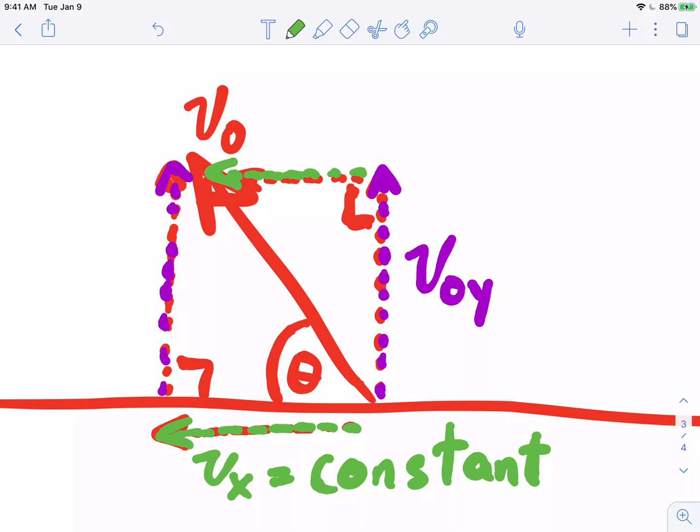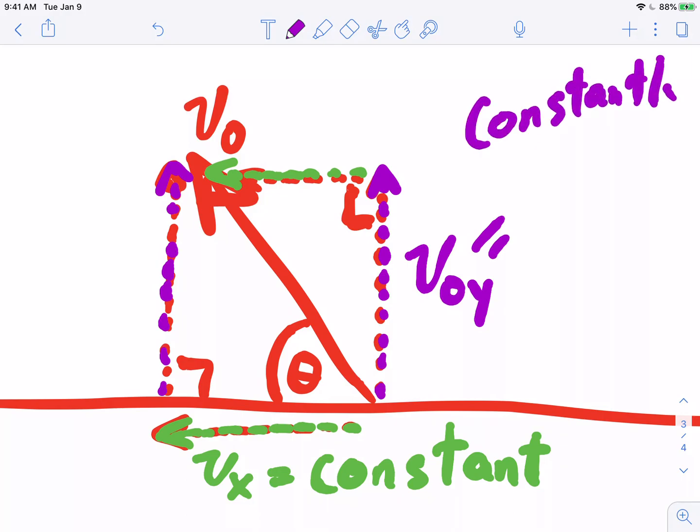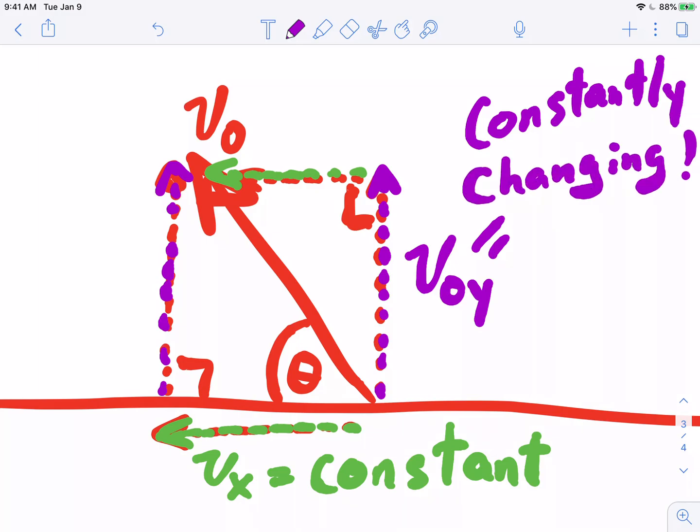But v sub y, that's going to be constantly changing. And we call that acceleration, right?